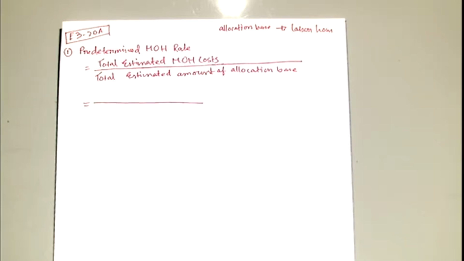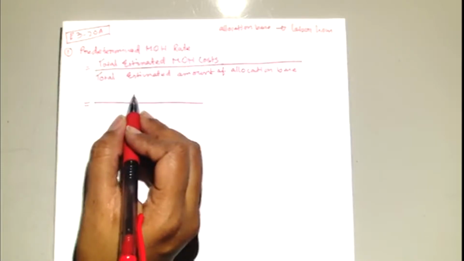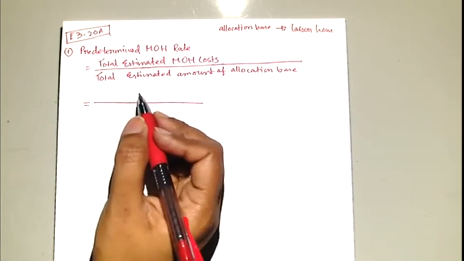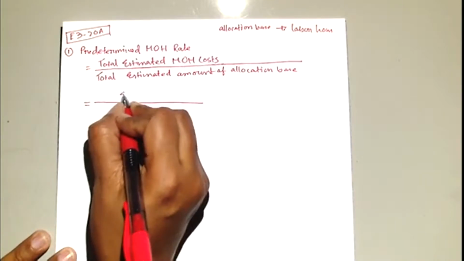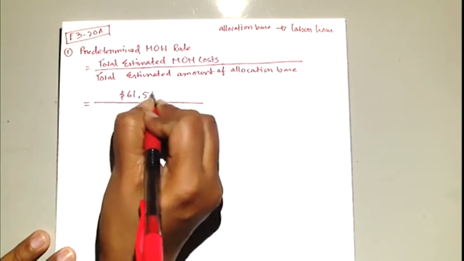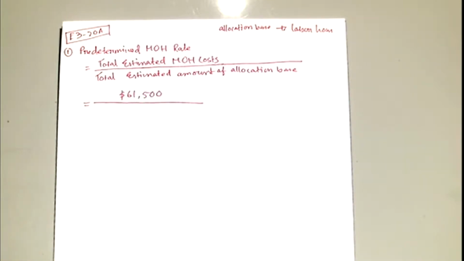Damian, you want to try? Or anyone from this side? Predetermined manufacturing overhead rate. Okay, Joe, go ahead. 61,500. Because it says already there that their estimated overhead for the coming year would be 61,500.